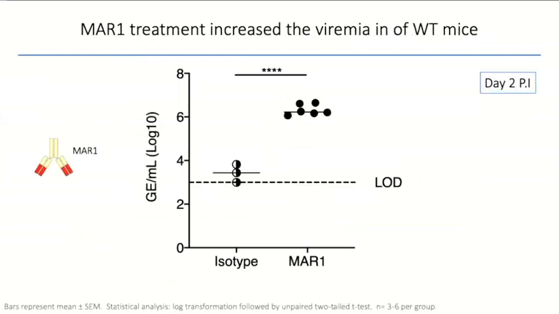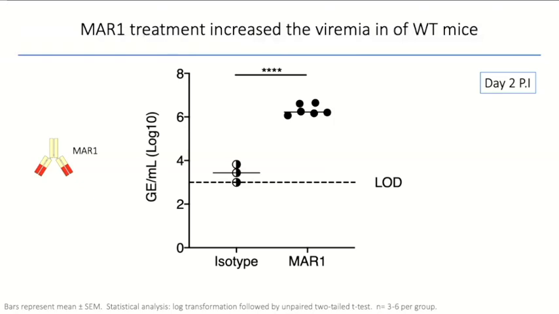qPCR of plasma isolated at day 2 post-infection showed that there was an almost 3 log increase in viral load following MAR1 treatment. I should note that previously with plaque assays, I presented viral load as PFU or plaque-forming units. However, with qPCR, I'm presenting viral load as GE, or genomic equivalents.